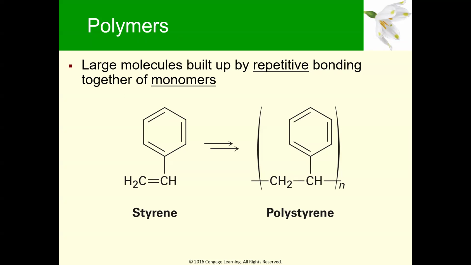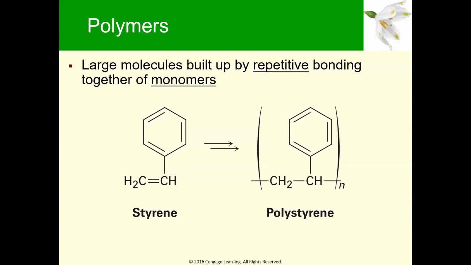You may remember from this course earlier or some other course that what we mean by a polymer are very large molecules, but they're built with these repetitive units, and we call those monomers. So you take a lot of small molecules, you connect them together, you get a large molecule, and we call that a polymer. Now, one that we have made in the laboratory already this semester, early on, seems like forever ago, but it also seems like it was just yesterday, is polystyrene.